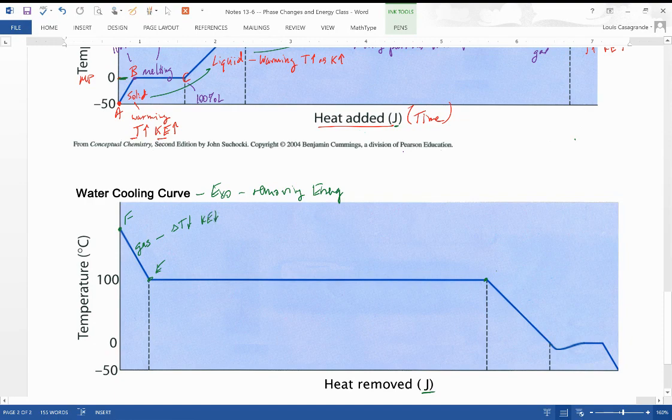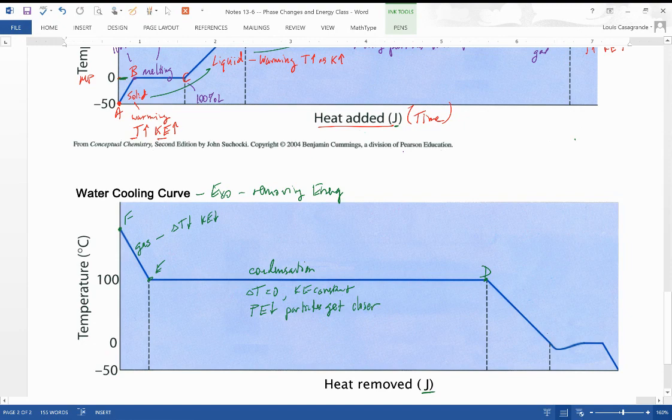From E to D, this is our condensation, where the temperature, delta T, is equal to 0. So the kinetic energy is constant. But now the potential energy is going down as the particles get closer together.